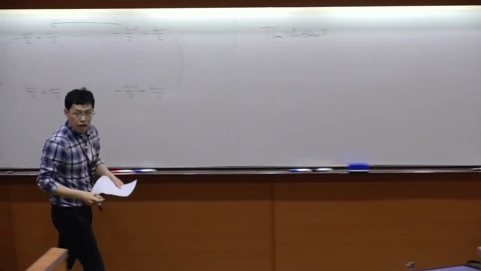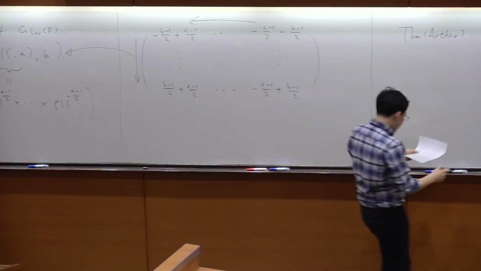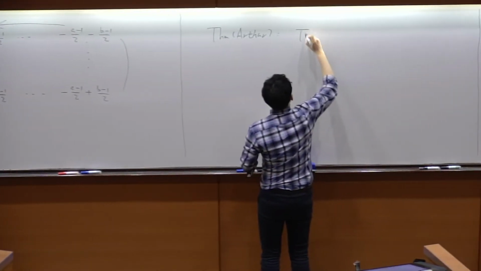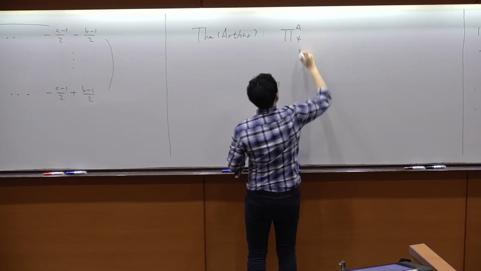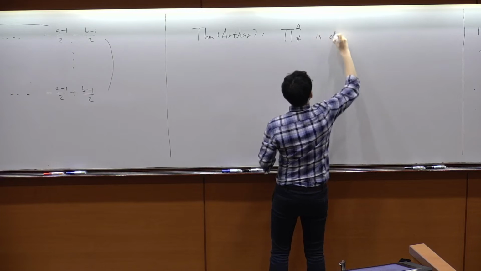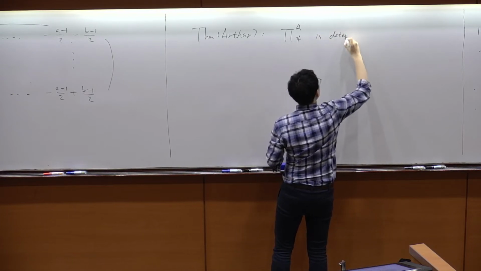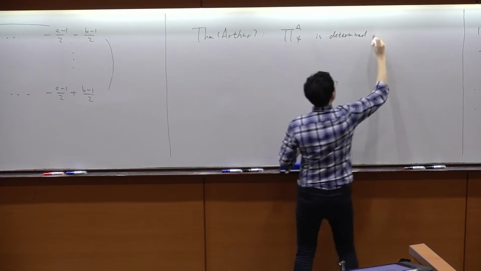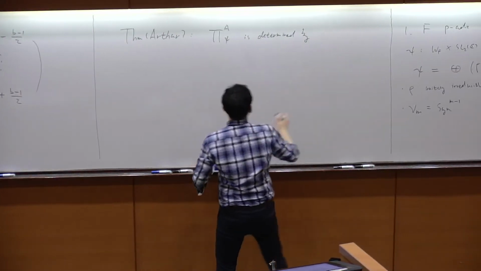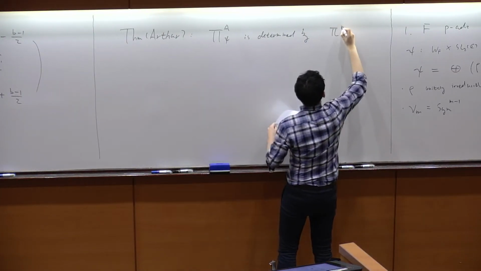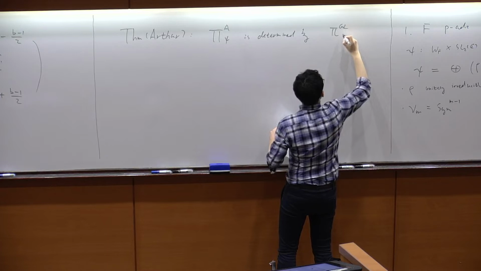Okay. And here I'll just say very vaguely that the corresponding A packet is actually determined by this representation on the general linear groups.